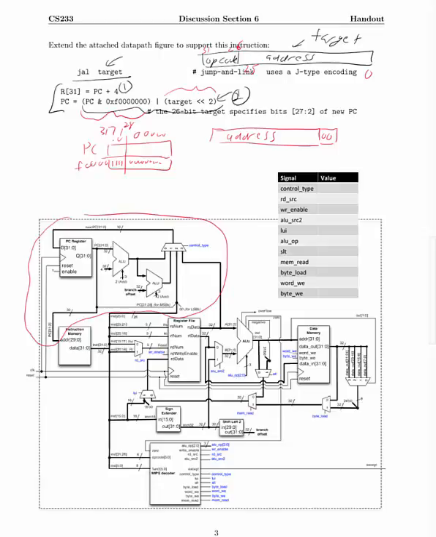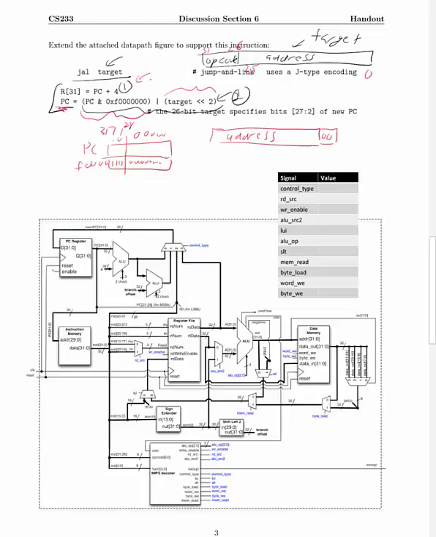That's what you're going to try to do, and then you're going to need to consider control signals. So you're going to use this guy, your control type, to figure out what value I should use to make this happen. Because ultimately, what I'm going to be doing is storing this into PC. PC's over here. So that's why I need to know what control type I'm going to do. So that's part 2.